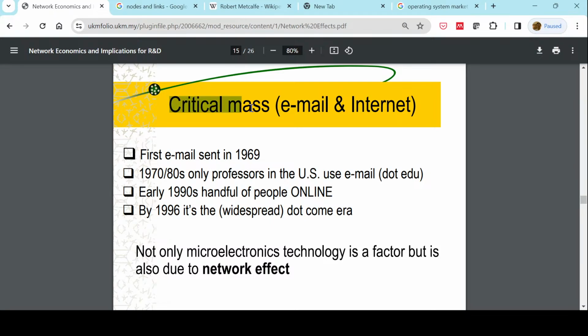How many people are needed in the world to be using the internet for it to grow? That number of people is what we call critical mass. Once it passes that number, it explodes, and the use of the internet increases tremendously.